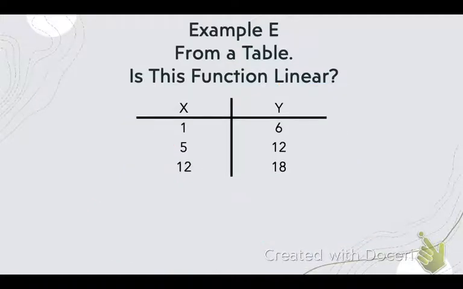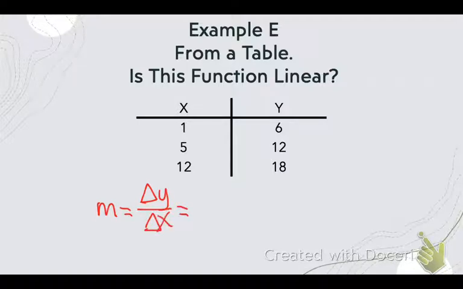Example E. Example E has the x values of 1, 5, and 12, and the y values of 6, 12, and 18. Again, I'm going to have my slope ratio of m equals change in y over change in x.